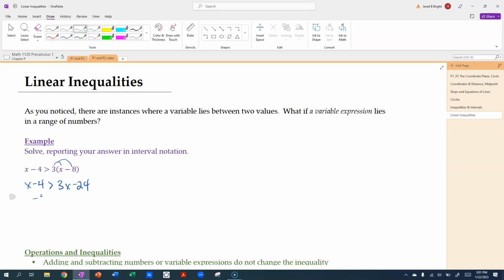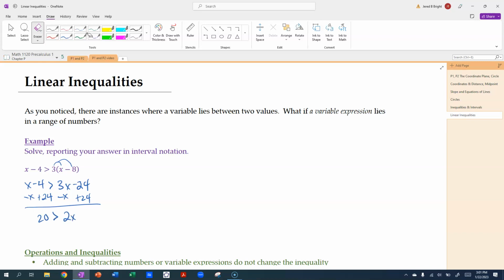If I got all the x's on one side, I would subtract x from both sides. And then all the x's would be on the right, and the non-x's, so move the 24 over. And so then I would get 20 is bigger than 2x.